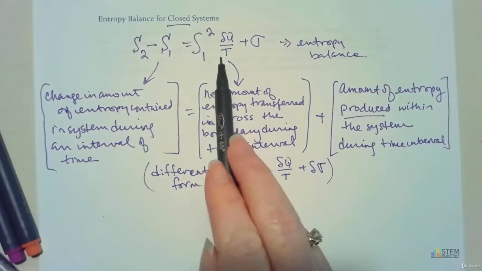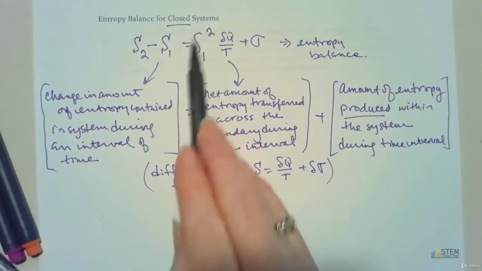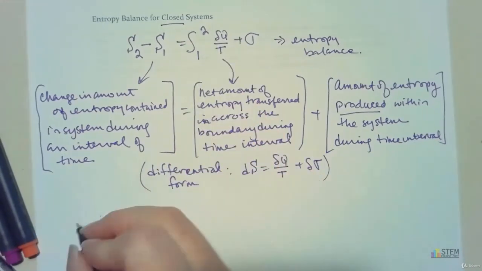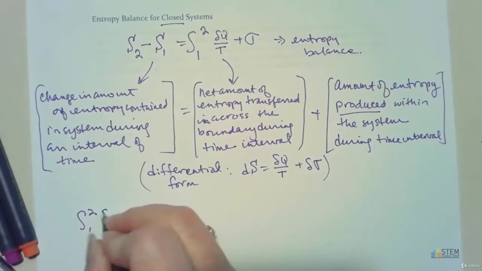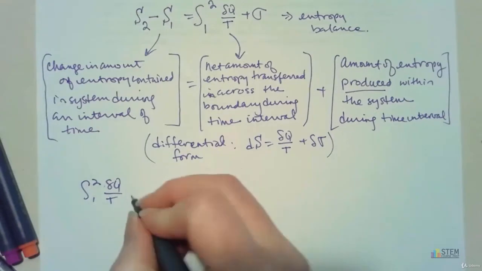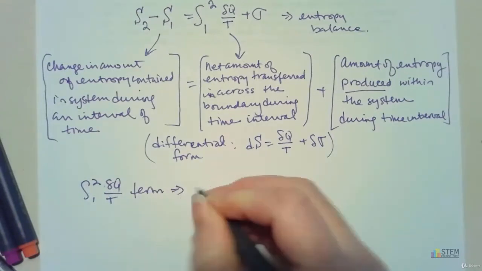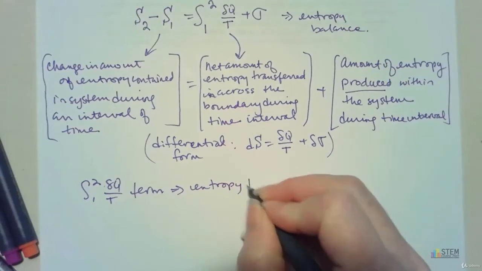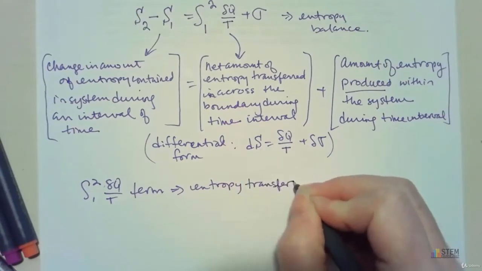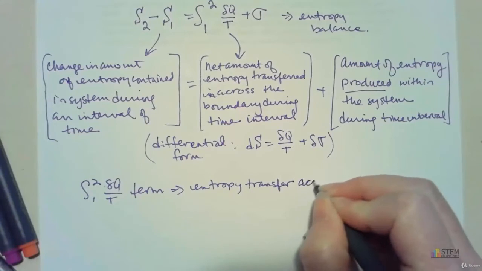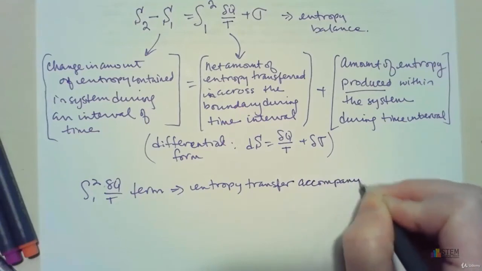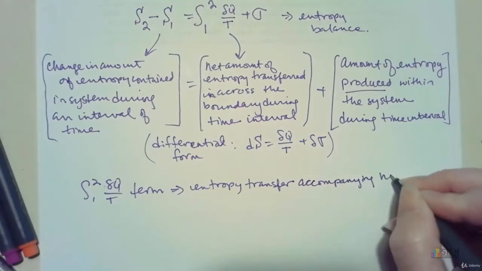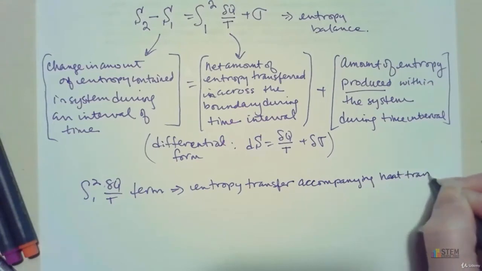Now let's talk about this term right here, the first term on the right-hand side. Let's look at that one and write a couple things down about it. That term is for the entropy transfer that accompanies heat transfer. And we talked about that before in one of the earlier videos.